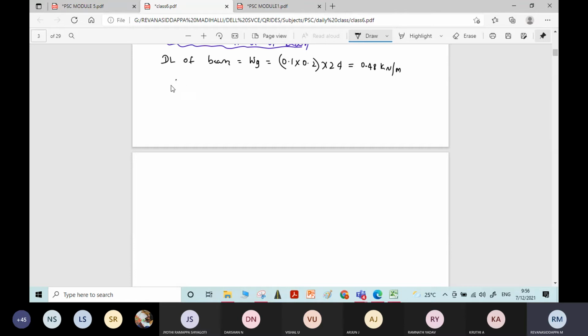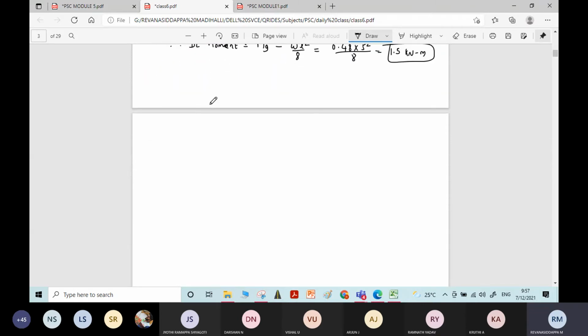Therefore, the dead load moment MG is equal to WL square by 8. The span of the composite section is given as 5 meter, correct? Therefore it is 0.48 into 5 square divided by 8. What is the answer? 1.5 kilonewton meter.